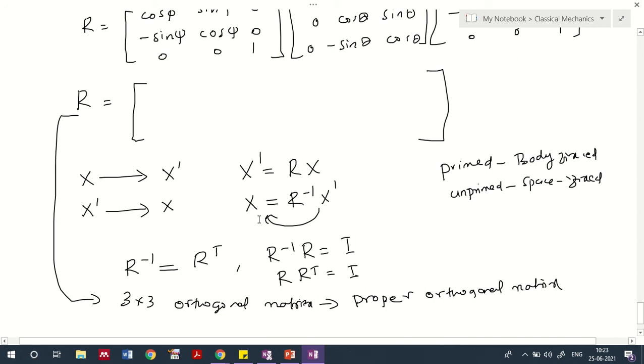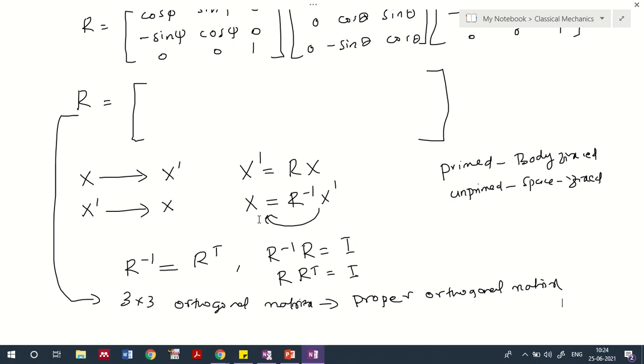So this is a kind of transformation matrix. Basically Euler's angles are utilized to convert a space fixed coordinate to body fixed, and vice versa by using R inverse. That's the importance of Euler's angles.